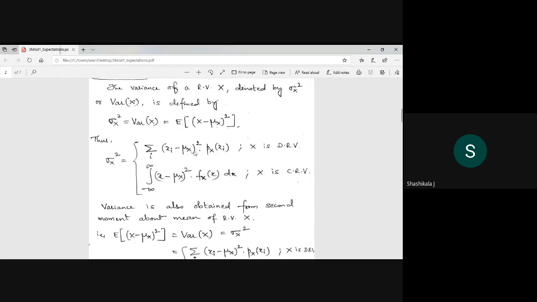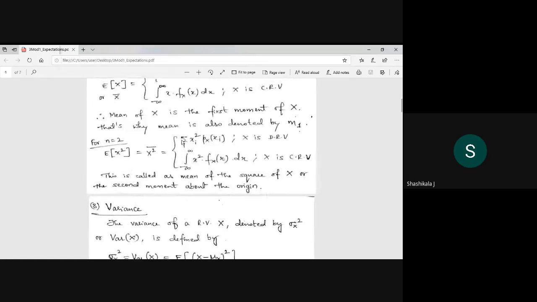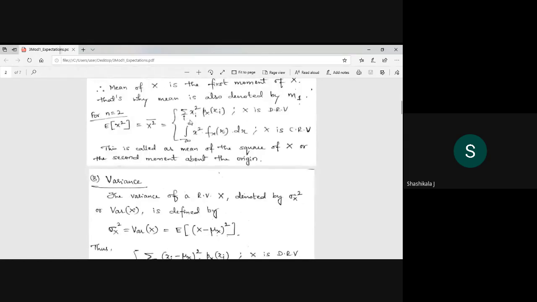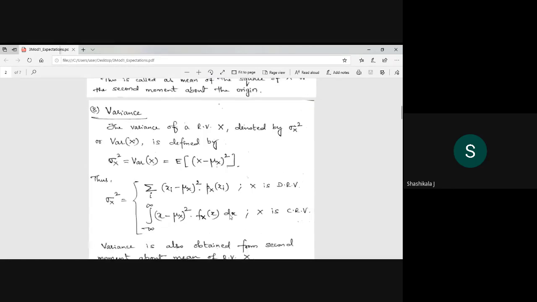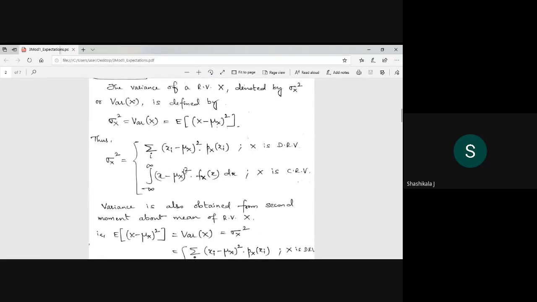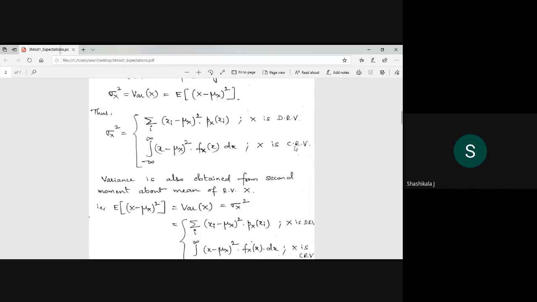If I write it in terms of expected values, for a discrete random variable it is x minus mu x whole square into probability of x, and for a continuous random variable it is x minus mu x whole square into f of x, integrated from minus infinity to plus infinity.